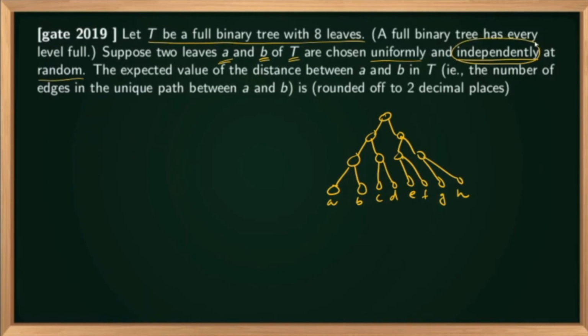Okay, what does independently mean here? You're going to choose two nodes. You're just randomly going to choose one node. Let me call it A. That is the first draw. Now in the second draw, is it possible to have A again? If it is not possible to select A, that means the second draw is depending on the first, right?